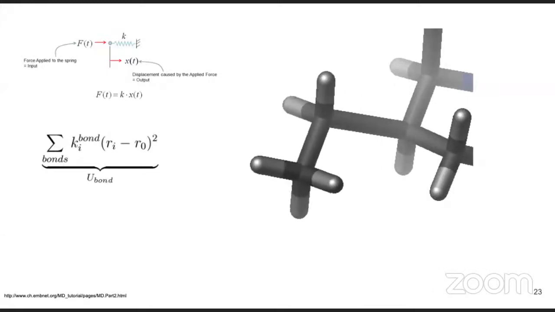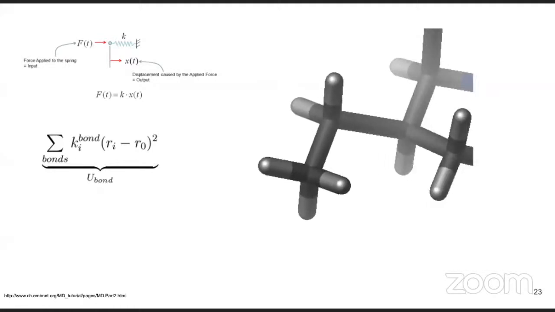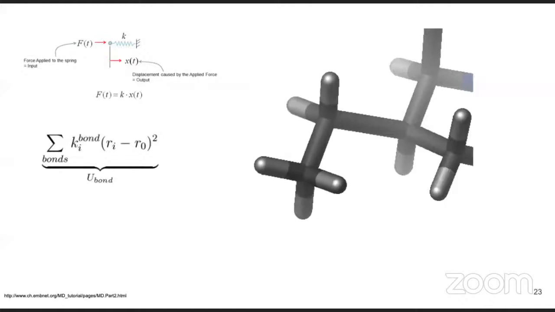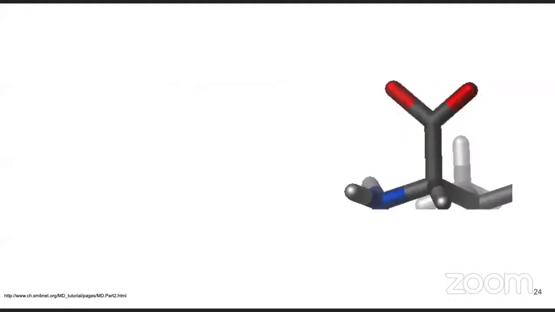Now, bonds are one degree of freedom, right? Okay, I'm using the term degree of freedom loosely, so let me correct that. What I mean is that bonds are one way in which things are moving, which you can capture using mathematical models. Another thing is that you may have motion like this. When you have motion like this, you do not have bond stretching, but you do have an angle that is changing continuously.